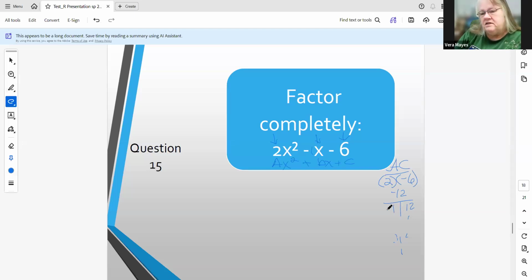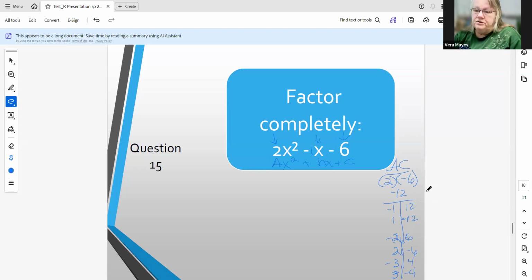So let's let the 1 be negative, and then we'll let the 12 be negative the next time because we don't know. And then we've got negative 2 and 6, or a positive 2 and a negative 6. Negative 3 and 4, or 3 and a negative 4. All right, so these are all the combinations that multiply to negative 12.